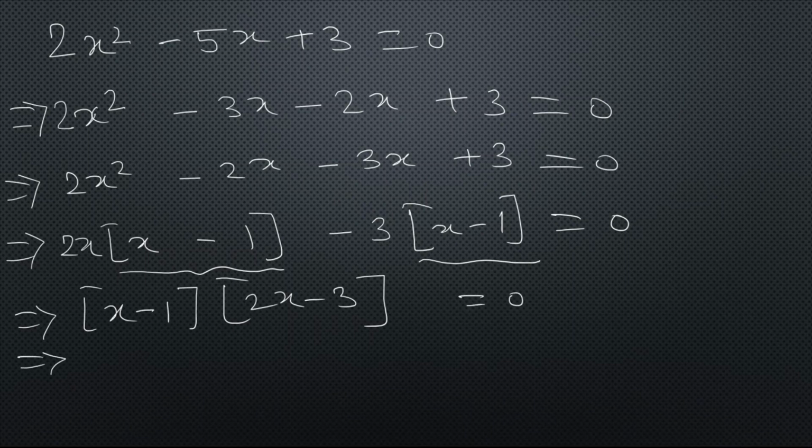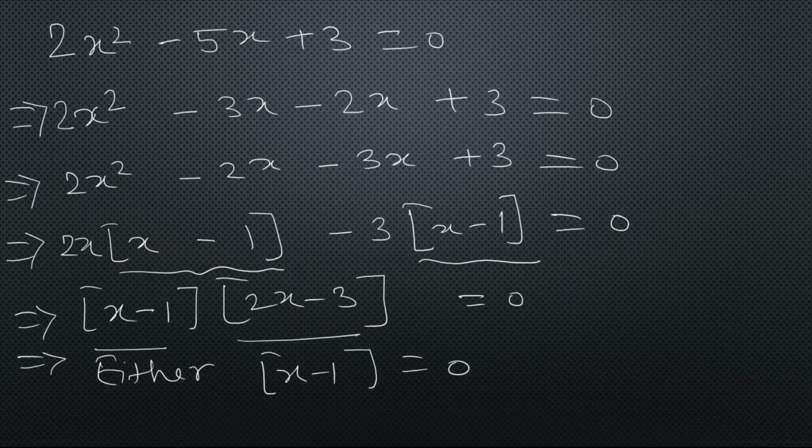So what does this mean? If the product of these two is 0, then either x minus 1 is equal to 0 or 2x minus 3 is equal to 0, right?